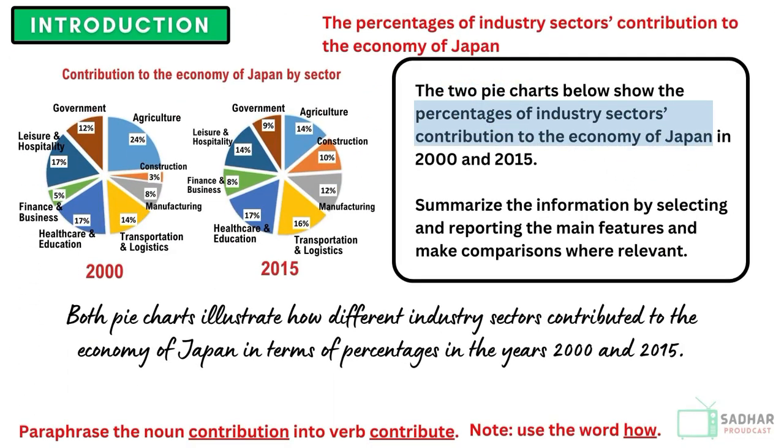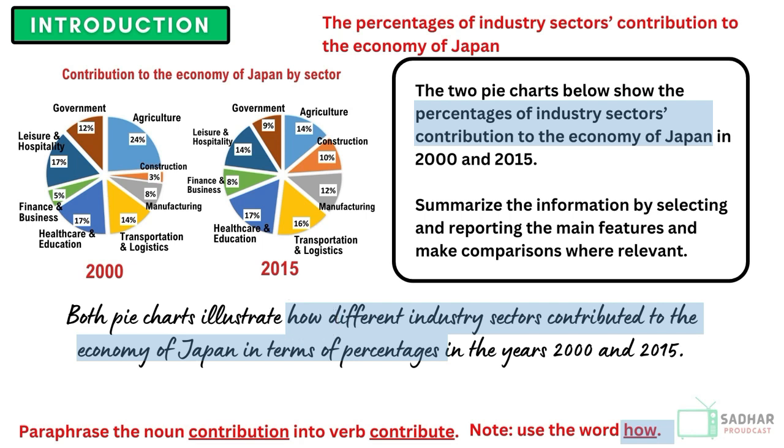So I paraphrase this part of the sentence: how different industry sectors contributed to the economy of Japan in terms of percentages. It sounds good, right?